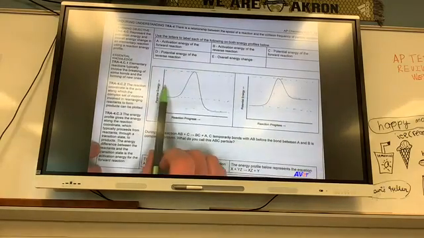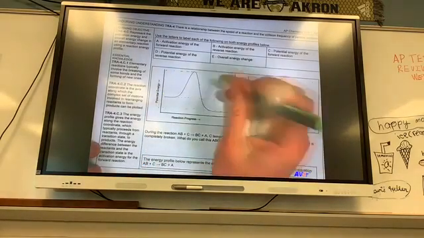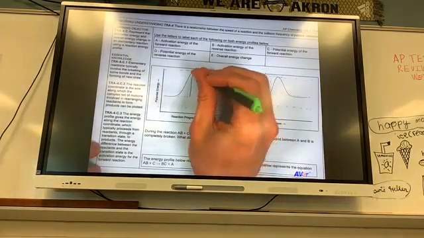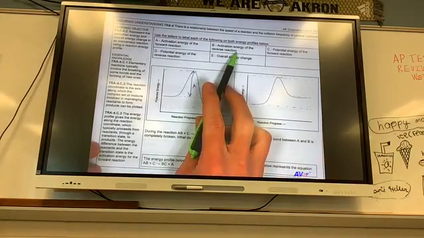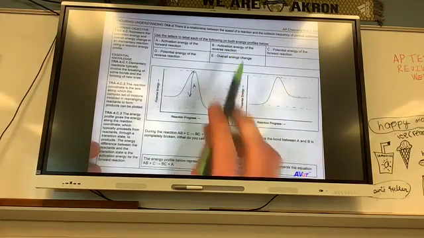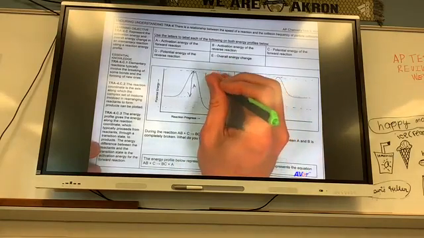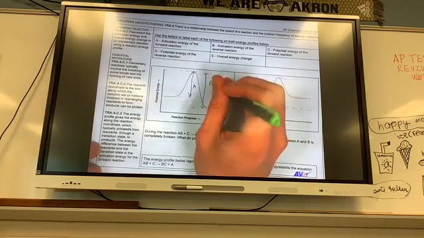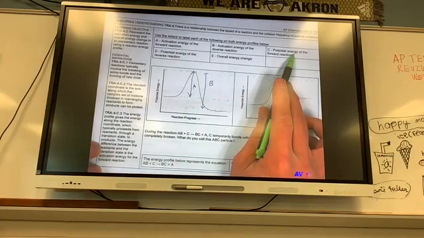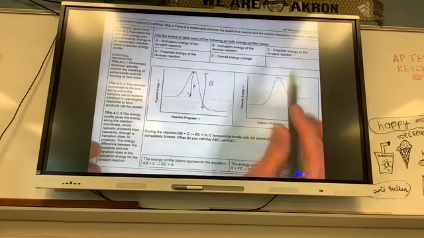So for A, on this one, the activation energy is going to be from here to here. That's my activation energy. Activation energy of the reverse reaction, B, well, that's going to have to be all the way from the top to all the way at the bottom. It's kind of weird. We haven't talked about that, but that's what it looks like. C, potential energy of the forward reaction.